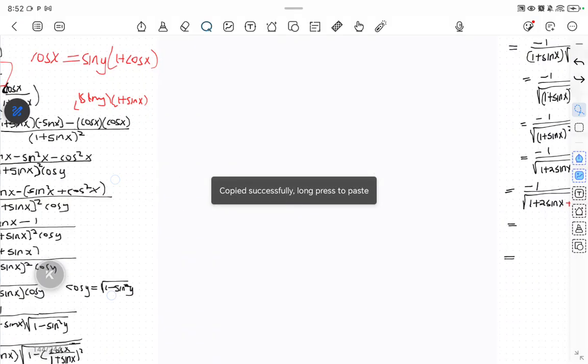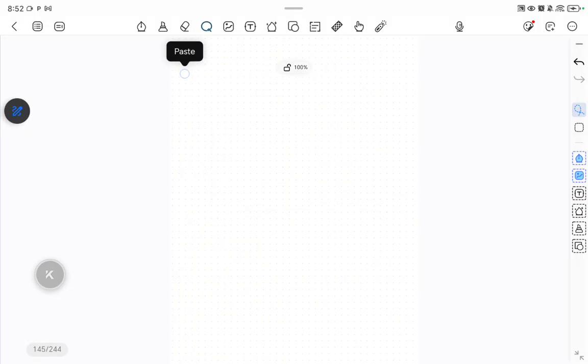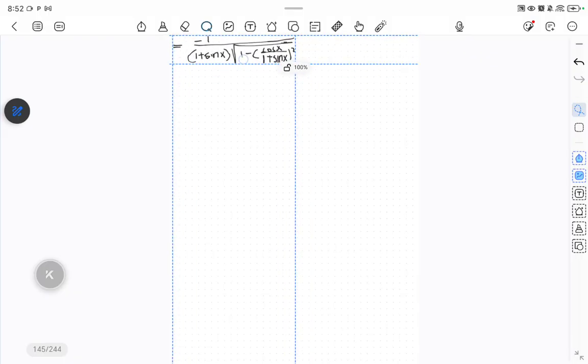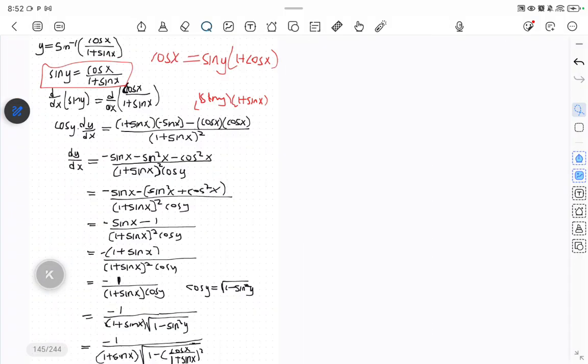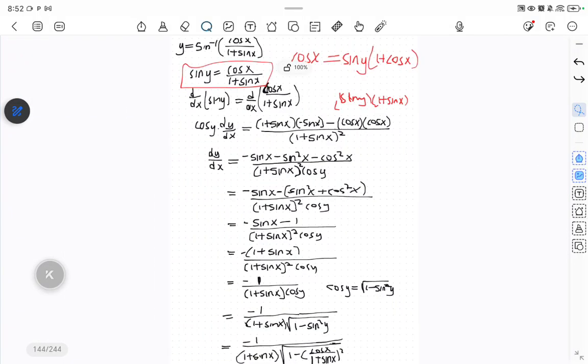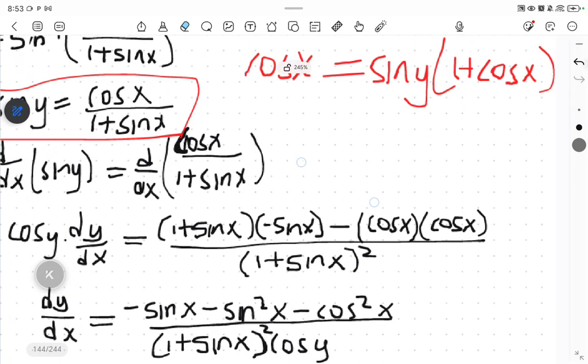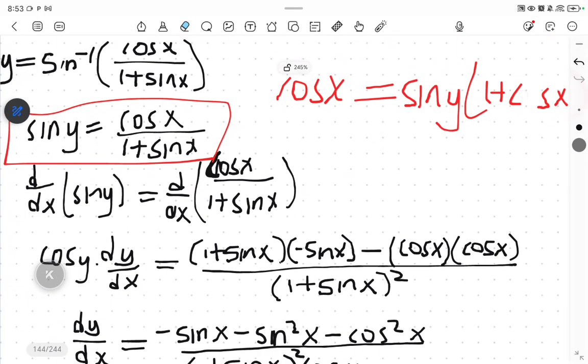write it this side, and then we know that cos x is sin y, and cos x is sin y plus, was it plus? Yeah, sin y plus this one is sin x, and x is this one. So this times this will give us cos x.